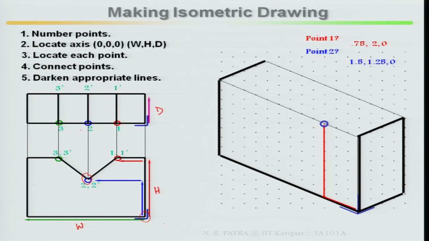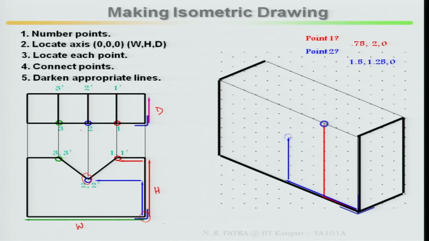So it is 1.5, 1.25 and 0. Now taking 1.5, 1.25 and 0, mark the point 2. This is your 1.5, then this is your 1.25. Then you locate this point 2. The coordinates of point 2 have been located in the isometric box.